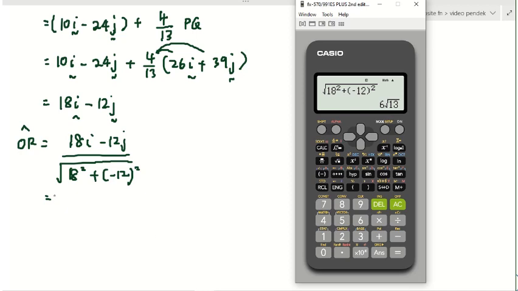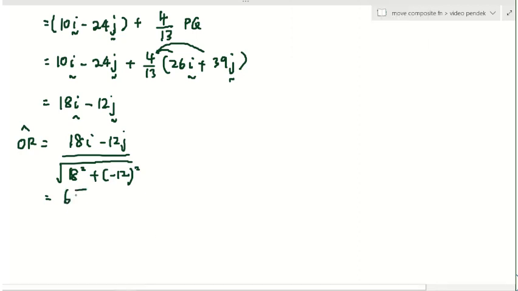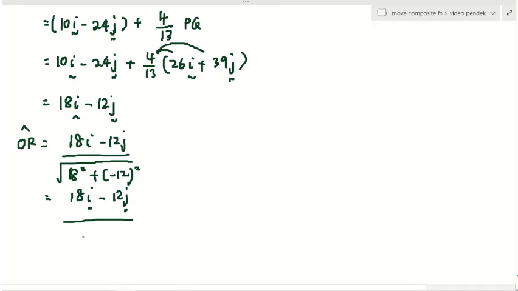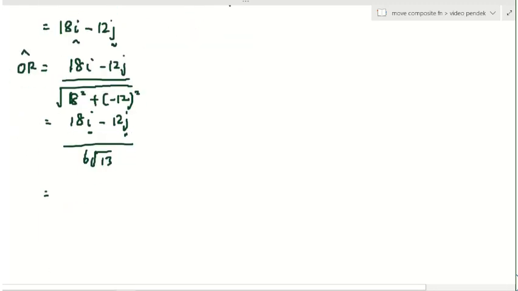And we can actually simplify 18I minus 12J divided by our answer 6√13, and simplify into separate fractions.